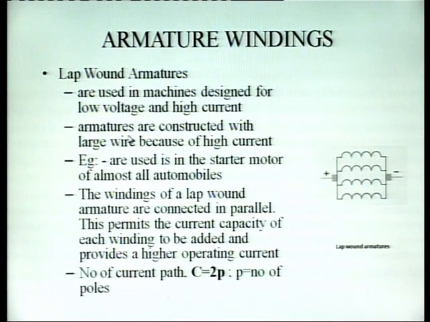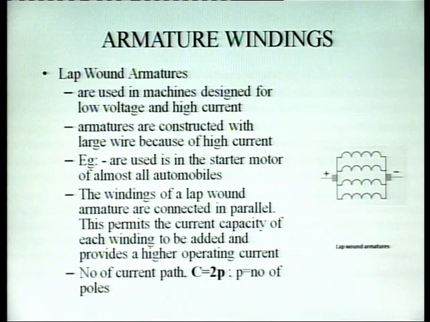First is lap winding. In lap winding, the number of current paths is 2 times the number of poles. Lap windings are used in machines designed for low voltage and high current. Armatures are constructed with large wire. Because of high current, the windings of a lap wound armature are connected in parallel.